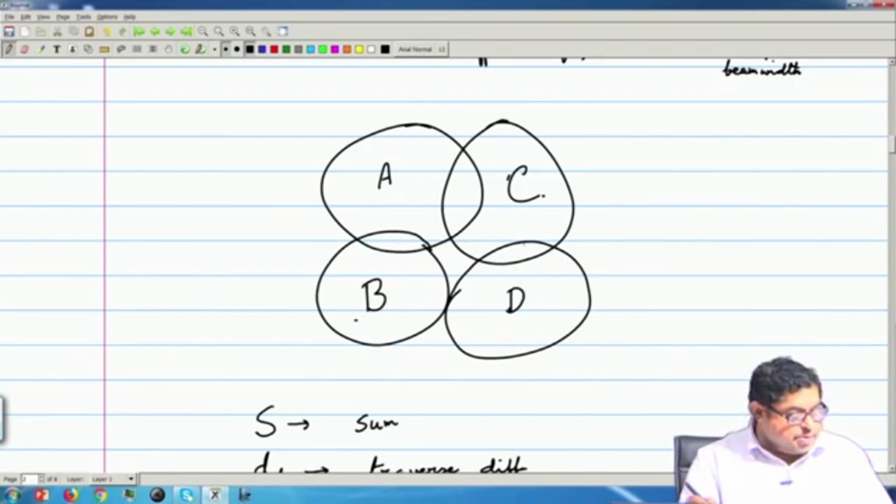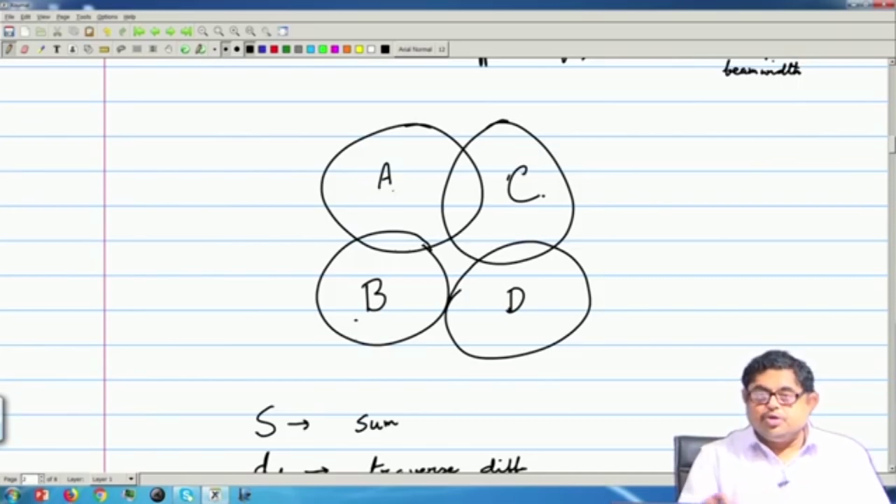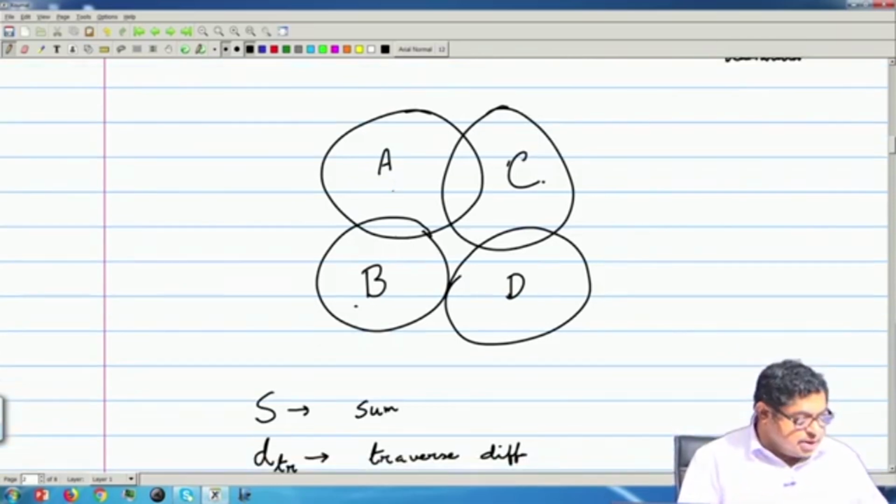So, half of C plus D minus half of A plus B, please correct it, previously it was there, and this elevation will be half of A plus C minus B plus D. So, we are taking the difference, at the same traverse or same elevation, that portion should be taken.